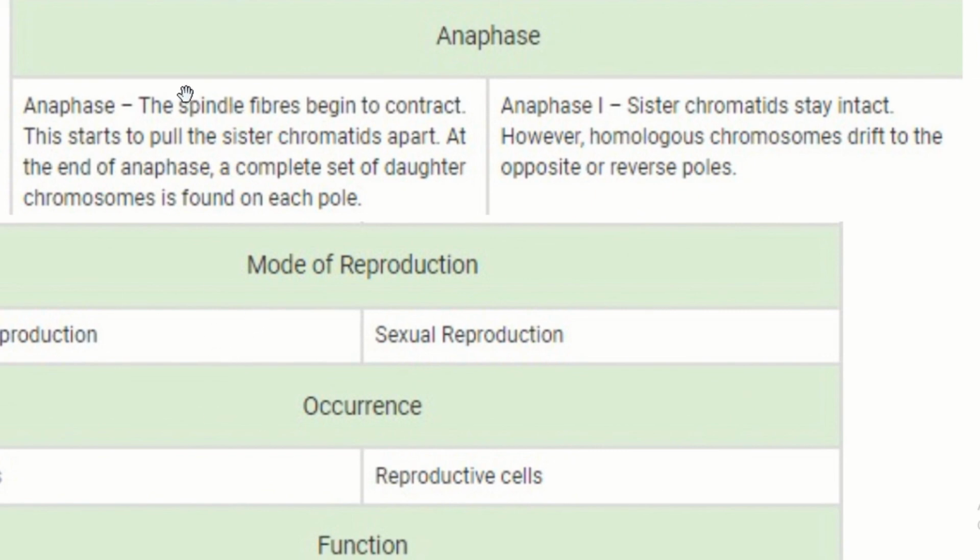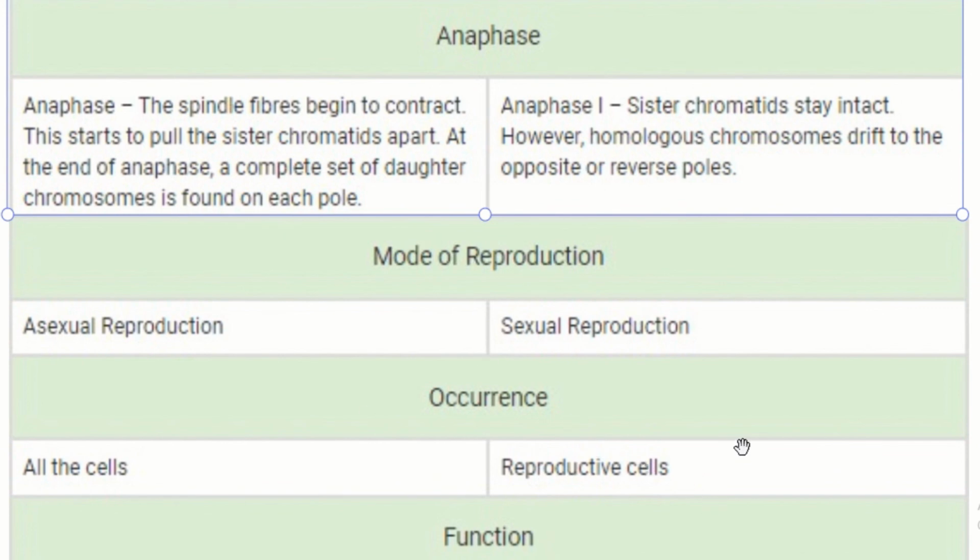This starts to pull the sister chromatids apart. At the end of anaphase, a complete set of daughter chromosomes is found on each pole. In anaphase 1 of meiosis, sister chromatids stay intact, however, homologous chromosomes drift to the opposite poles.